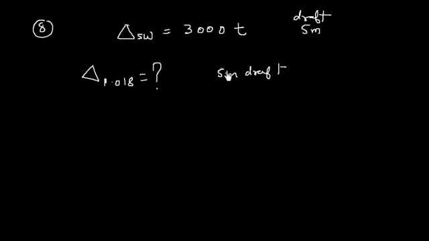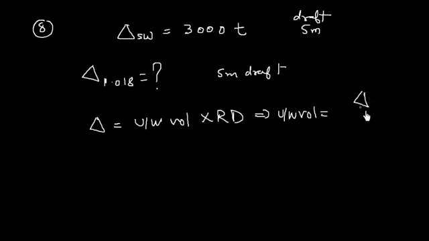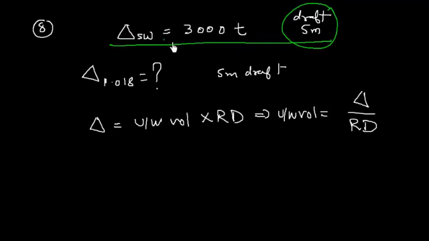Well, we know that displacement is equal to underwater volume into relative density, so that means underwater volume is displacement divided by relative density. In this case the draft is 5 meter and the displacement in salt water is 3000 ton.